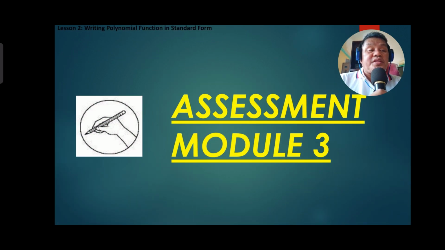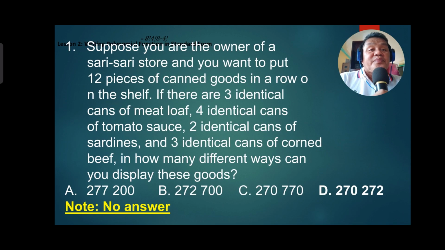Let's go to the assessment of module 3. Number 1. Suppose you are the owner of a sari-sari store and you want to put 12 pieces of canned goods in a row of shelf.